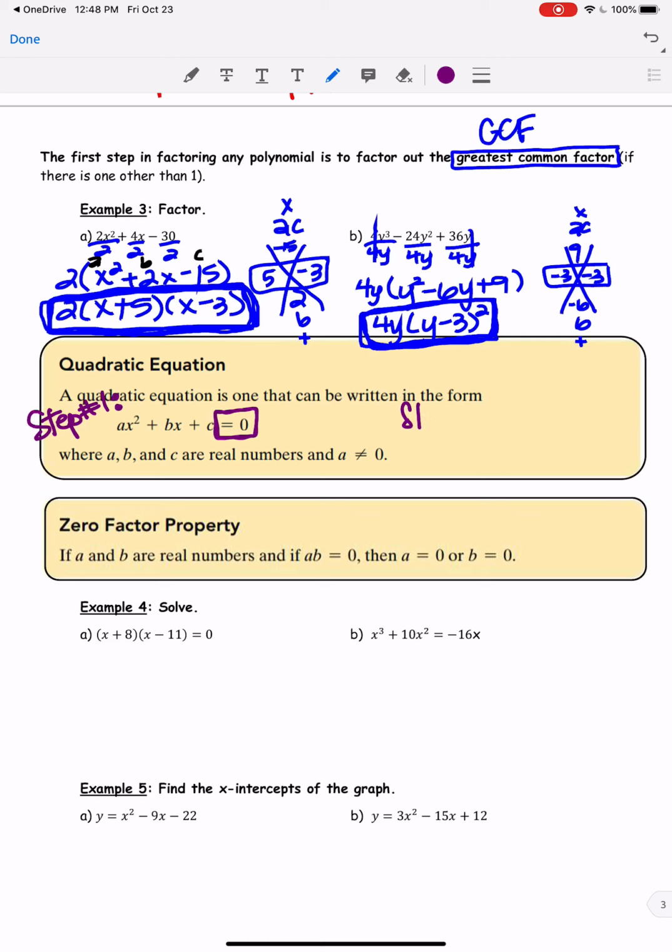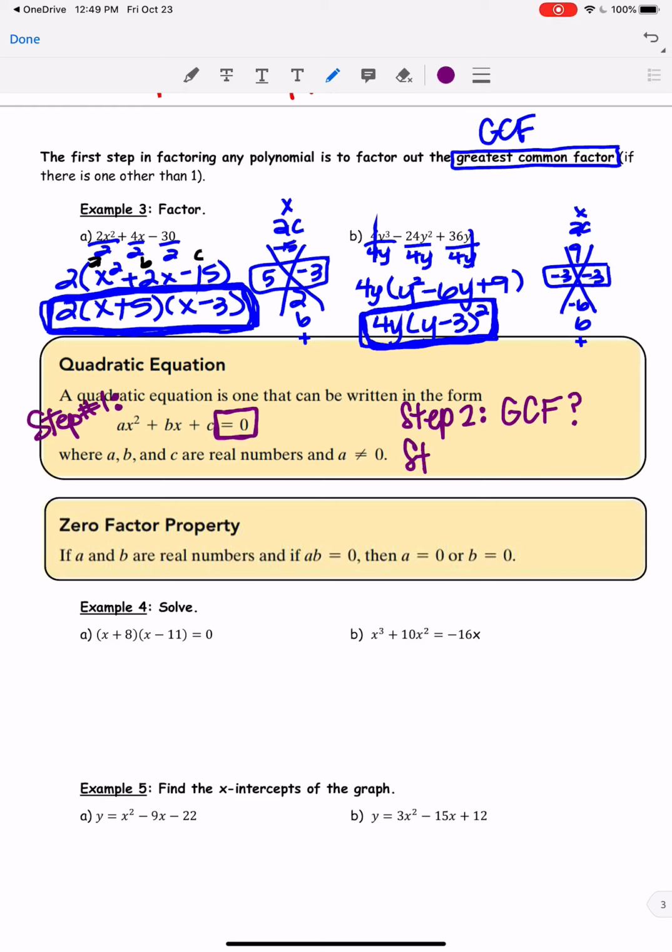Step 2 is going to be looking for a GCF. Okay, you're not always going to have one, but you need to look for it.